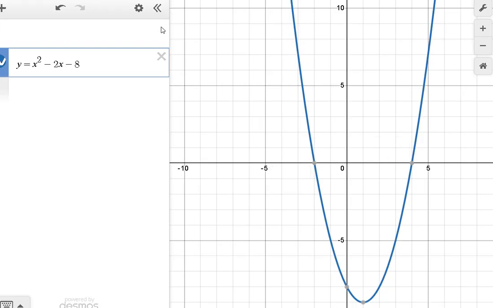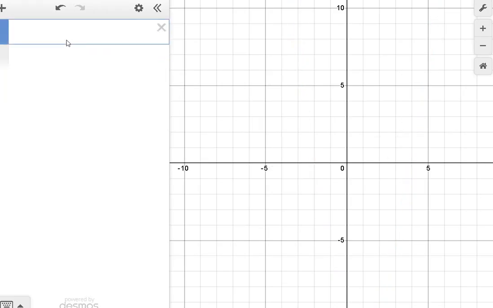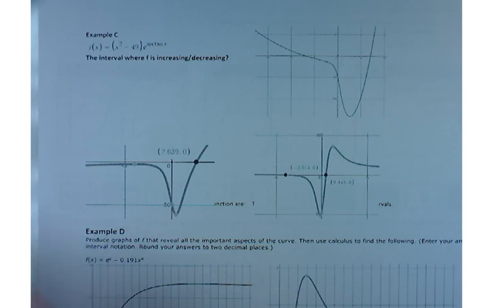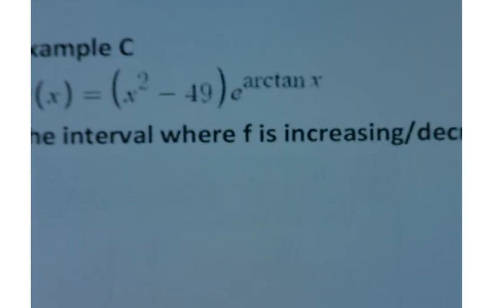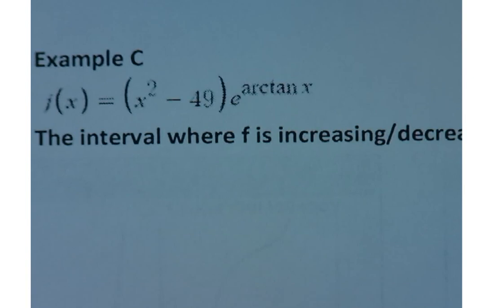Now, if you're going to do this on Desmos, then when you're graphing something like x squared minus 49 times e to the arctan x, you want to type it in with a function name like f or j, or whatever letter works for you.